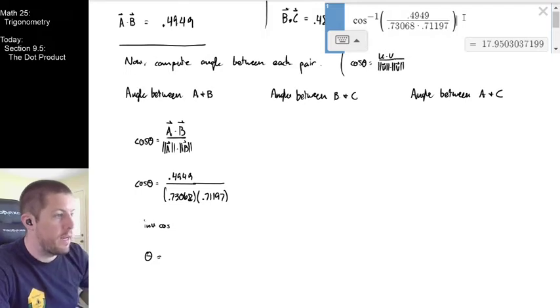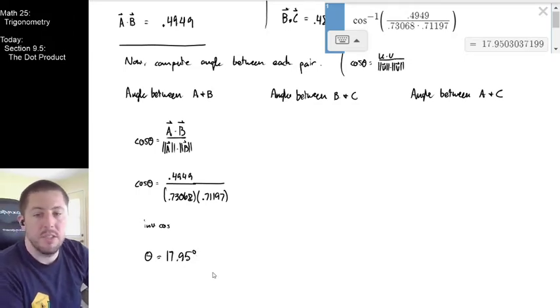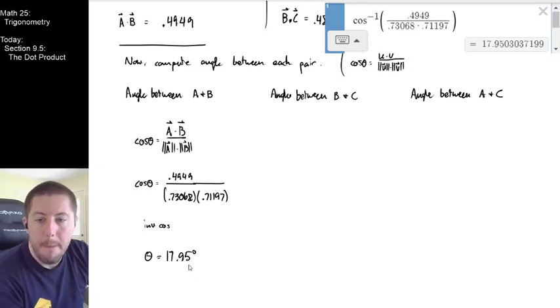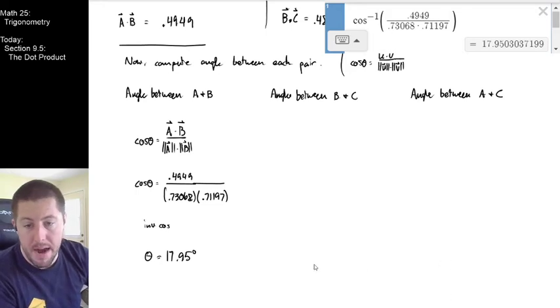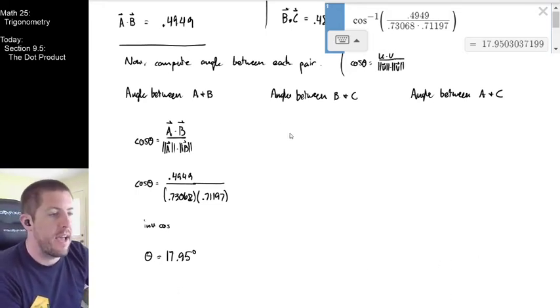And it's giving me an angle of 17.95 degrees. So, can I interpret what that number of degrees is actually measuring? Nope. But if I compute the same angle for these next two, can I compare the angles? Definitely. So let's go ahead and do exactly that here.